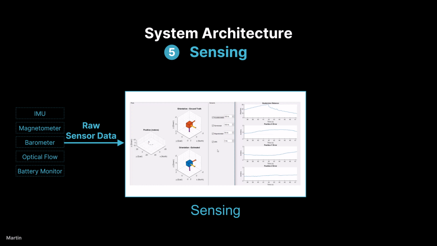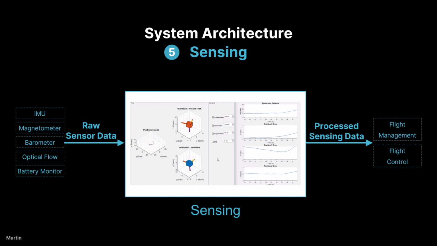Inputs consist of raw sensor data from Inertial Measurement Unit, IMU, including accelerometer and gyroscope for attitude estimation, magnetometer for heading information for orientation, GPS receiver for position and velocity data for navigation, barometer or altimeter for altitude measurement, optical flow sensor for velocity estimation for position hold, battery monitor for voltage and current readings for power management.